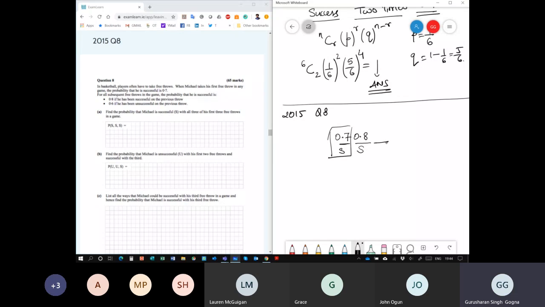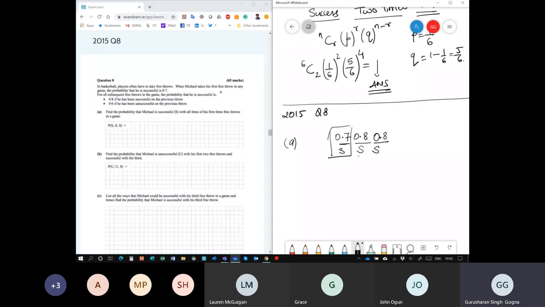And then let's say he is successful again. So what is the probability now? Because he was successful in the previous throw, you have to use probability equal to 0.8. And that is the answer for the first part of this question. You need to find the probability for the first 3 free throws, and it's success, success, success. So for the first success, the probability has to be 0.7. Read the first sentence here.